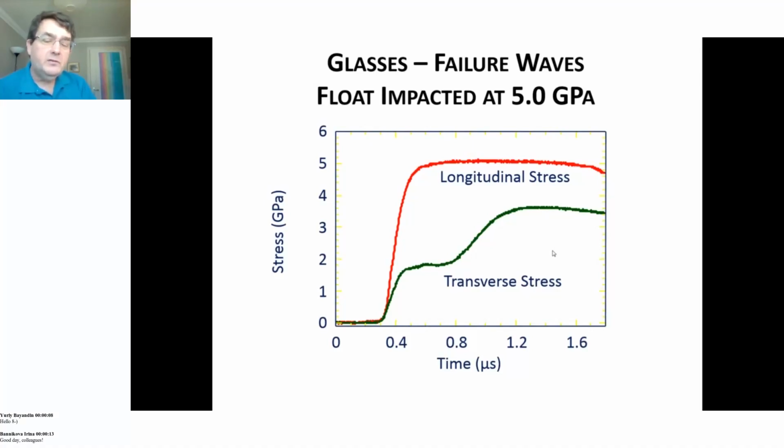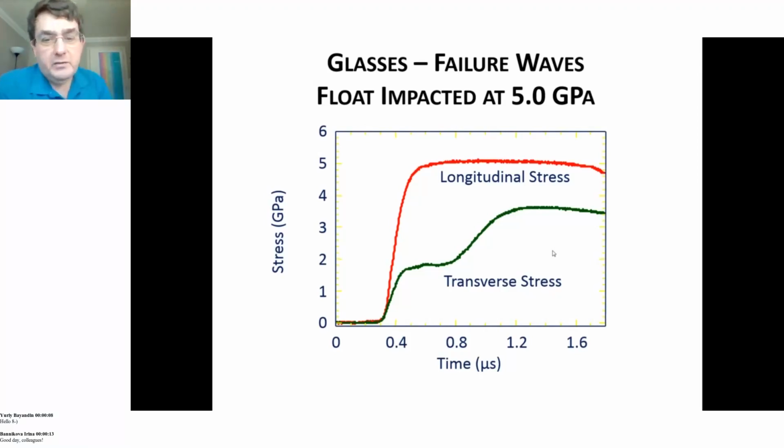The red line shows the longitudinal stress using a manganin gauge, and it's very straightforward. You get a rise time, it gets to a flat top, nothing there that would make you think anything was happening. A single shock rise, a nice final stress, a fairly boring response really. It goes up and it stays there, nice and flat.